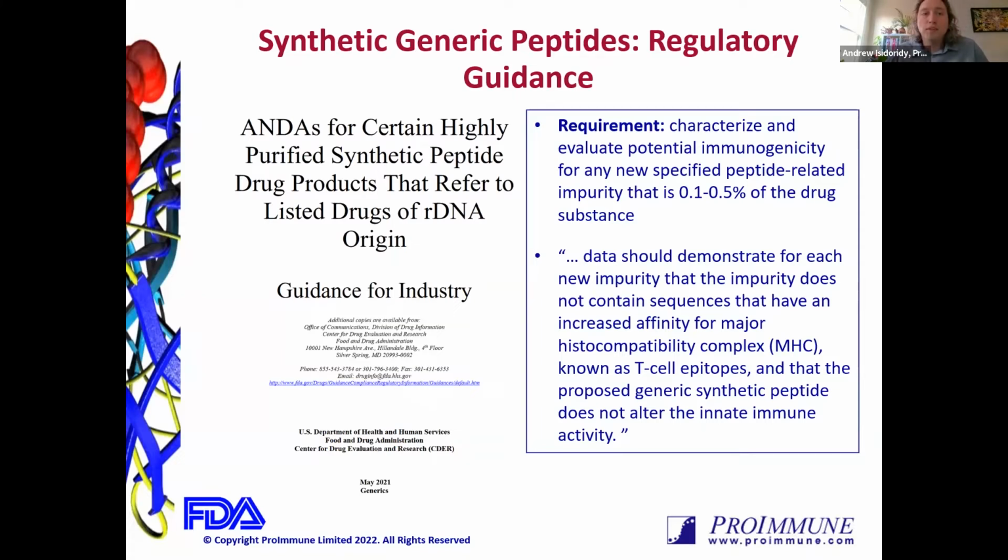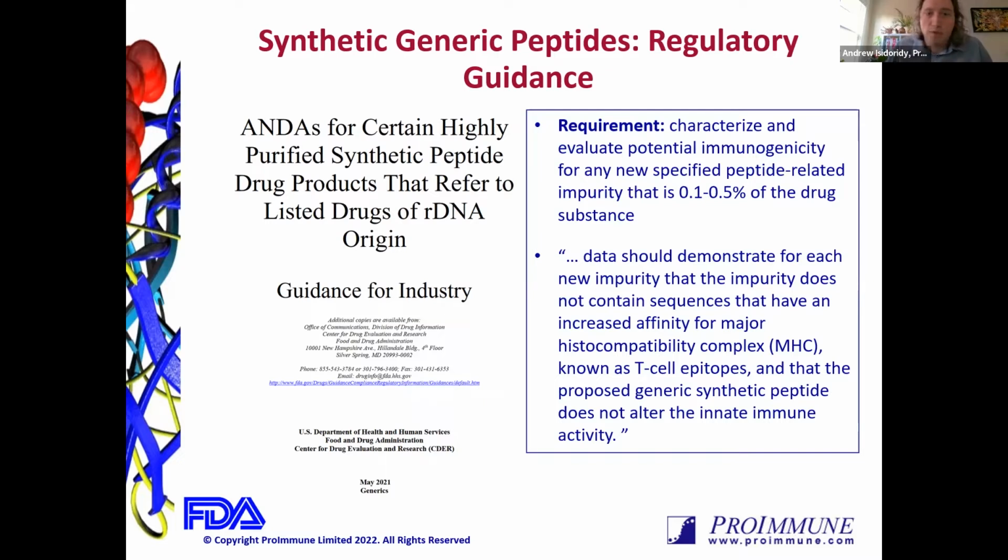The focus of this is on understanding how your generic peptide differs from the reference listed drug, specifically as it relates to impurity profiles. For any impurity found between 0.1 and 0.5%, the FDA is asking for that to be characterized, for any impurities to be purified, and to evaluate whether those impurities are able to drive an unwanted adaptive response.